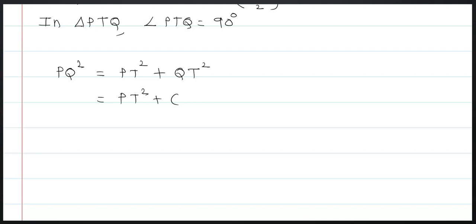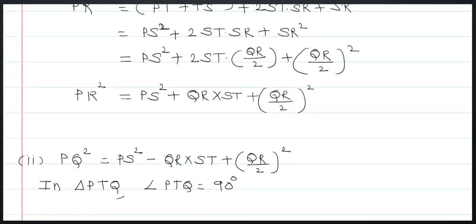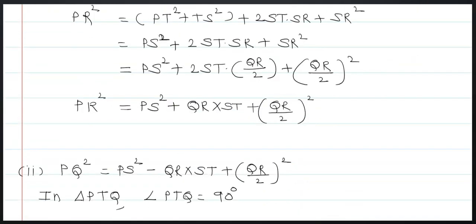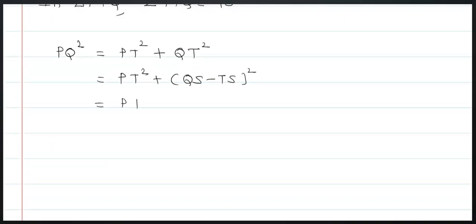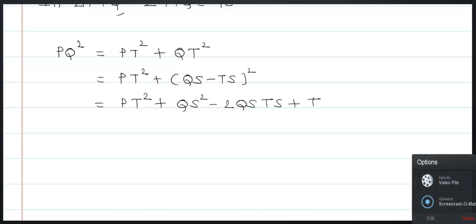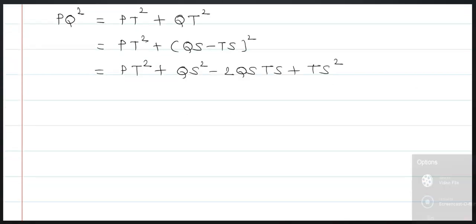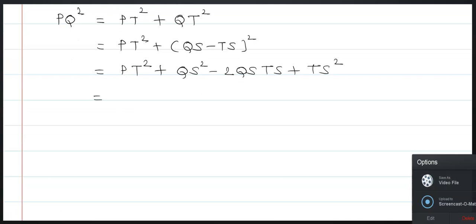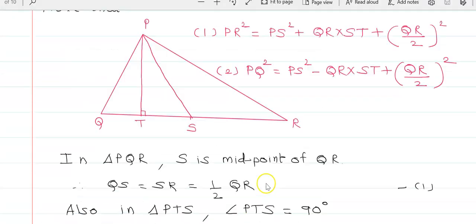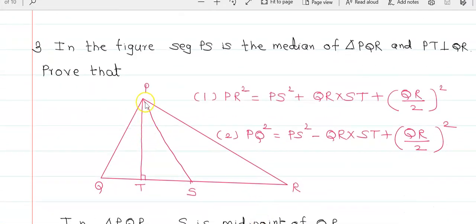But what is the value of QT? QT is QS minus TS, bracket square. And we will expand it. That is, we are considering the triangle PTQ, that is PQ square is equal to PT square plus QT square.